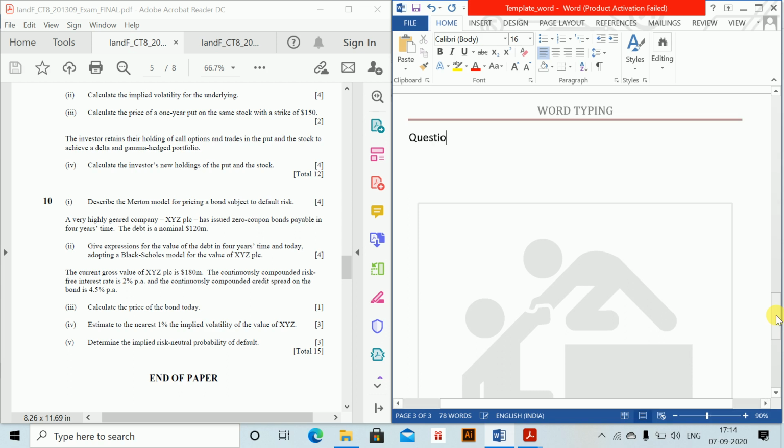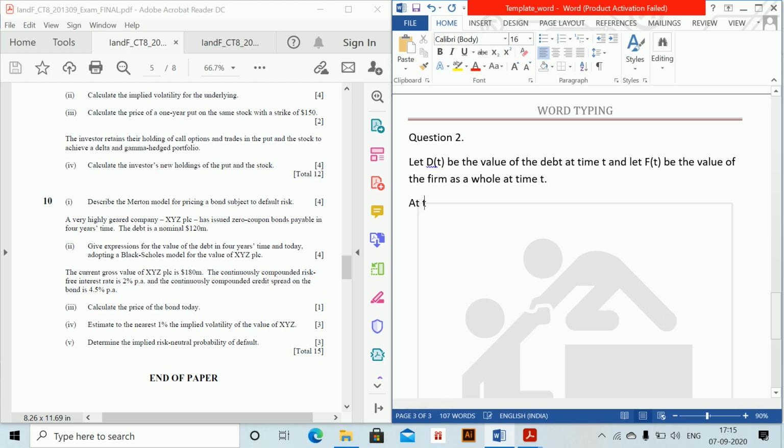So question 2 for this is equity expressions. Let D_t be the value of the debt at time t, and let F_t be the value of the firm as a whole at time t.